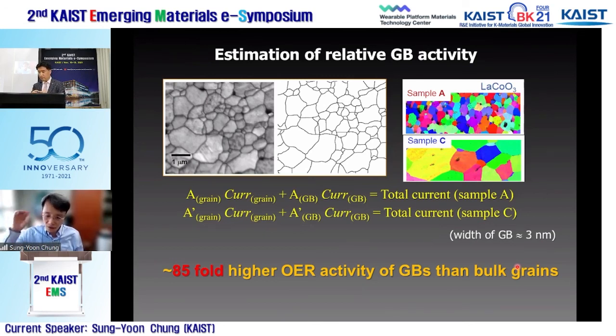I think the preservation of the crystal structure is not an issue, but the activity is. The degradation of activity is very difficult to avoid over a long time of anodic cycling. That's the issue, yeah. So I don't think the 85-fold higher activity is preserved for a long time. I don't think so.